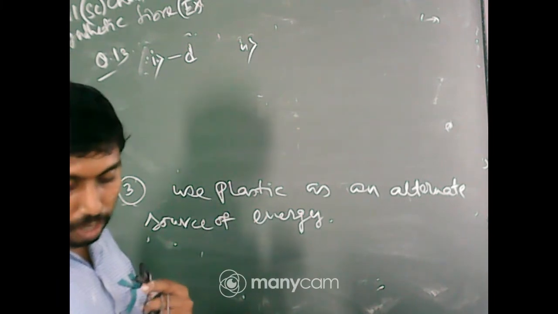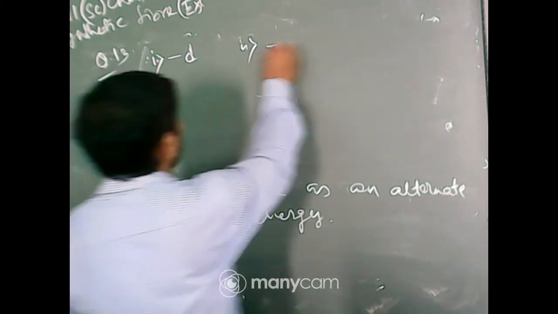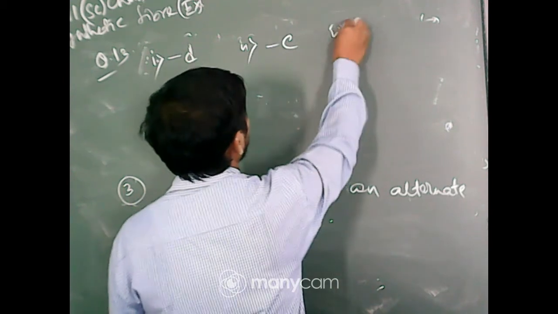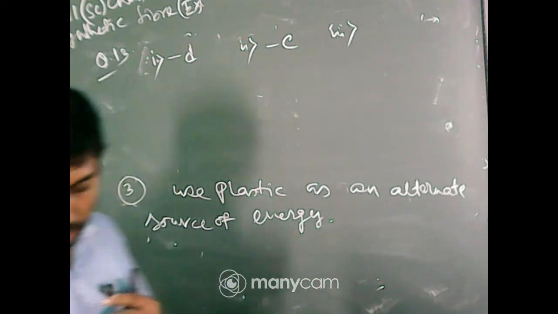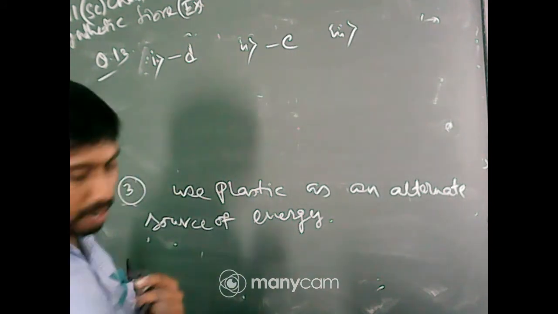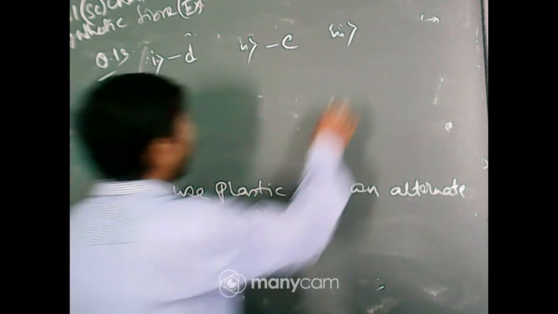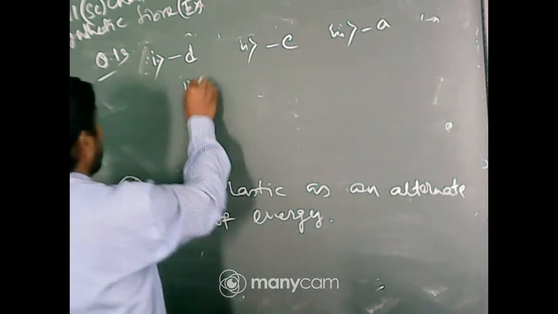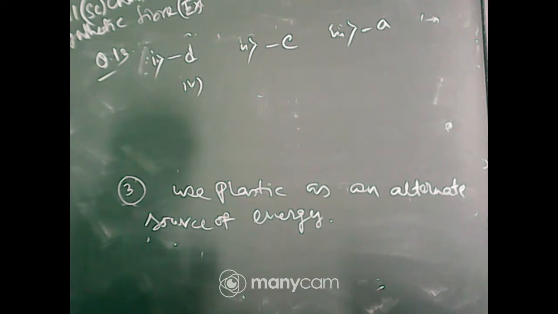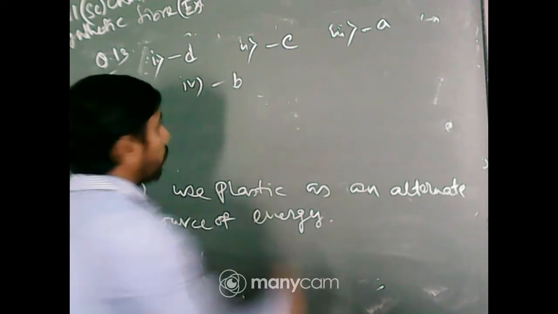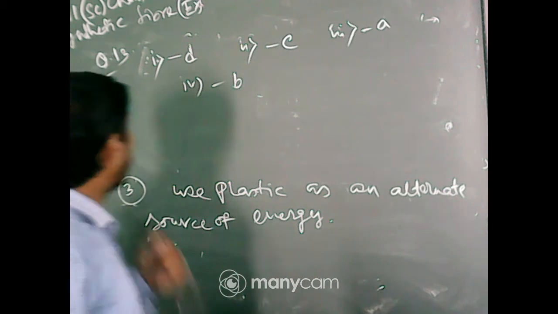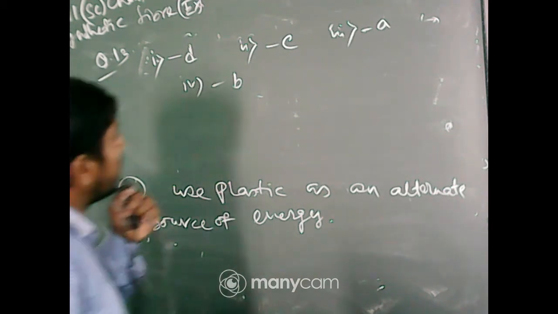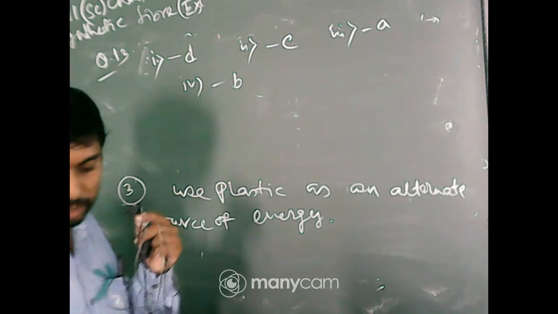Next, Teflon goes with C, that is making of non-stick cookware. Next one, rayon, prepared by using wood pulp, A. Number 4, nylon, that is B, used to make the parachutes, etc. Okay. So, option 1 goes with D, 2 with C, 3 with A and 4 with B.